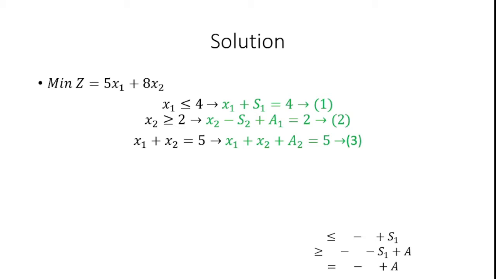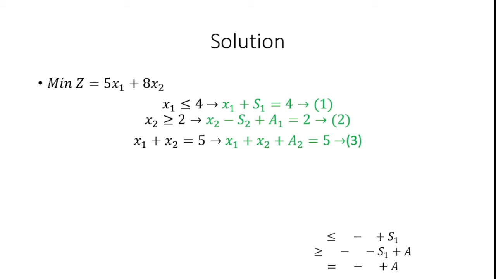So I introduce an artificial variable in that equation as plus a1, so the equation is converted into x2 minus s2 plus a1 is equal to 2. Likewise, I convert that inequality into an equality with the addition of an artificial variable. Then the third constraint equation is x1 plus x2 is equal to 5.